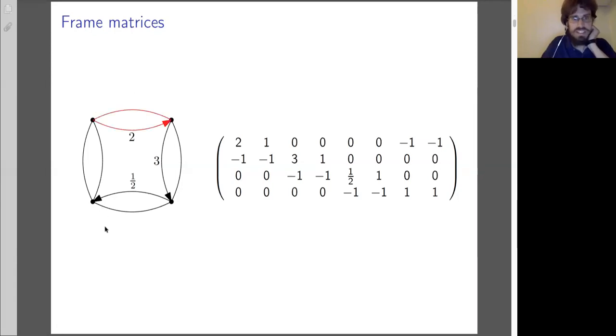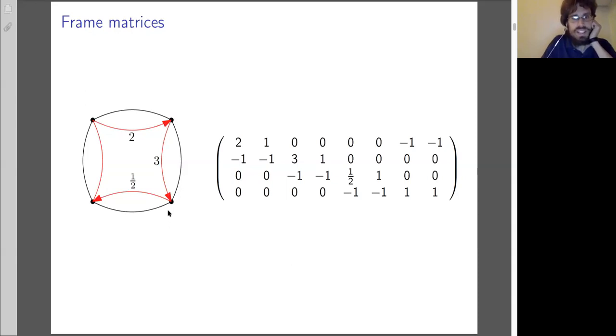For example, this cycle won't give us a circuit anymore in the corresponding matroid because the vectors corresponding to these two edges are no longer parallel, right? If we look at this cycle here and try to find a linear combination of the corresponding vectors which evaluates to 0, if we take this vector, to cancel here we have to add on 2 times this vector.